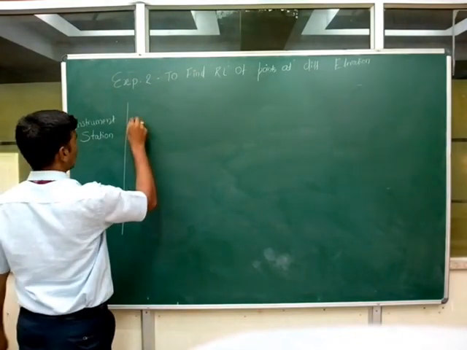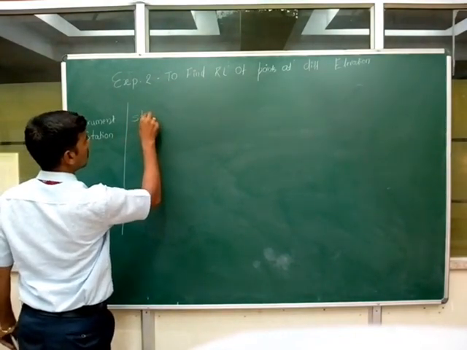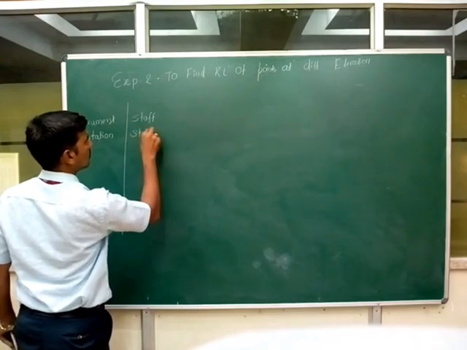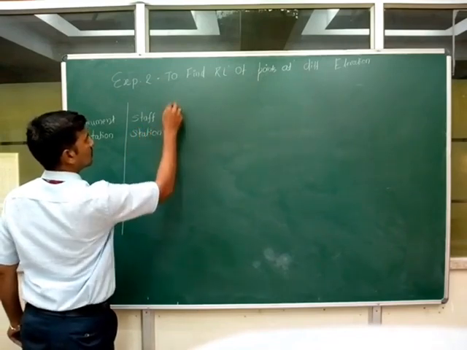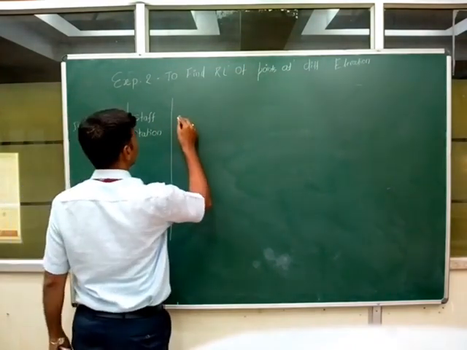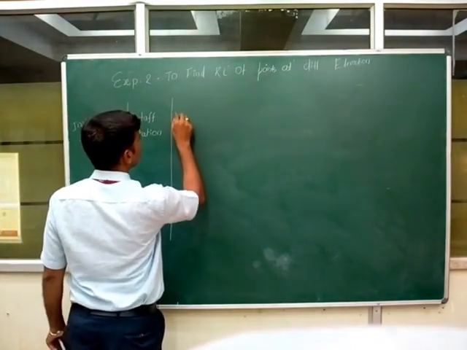Second is staff station. Then next is vertical angle.